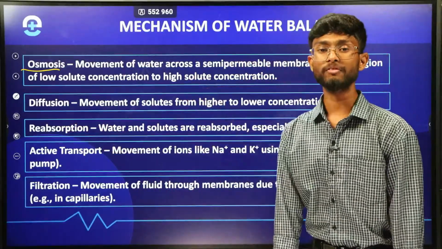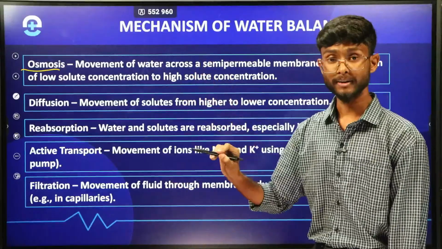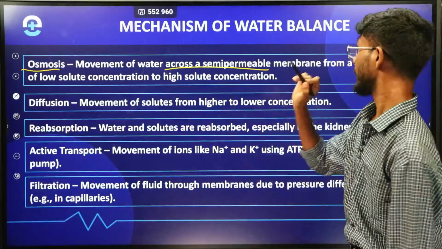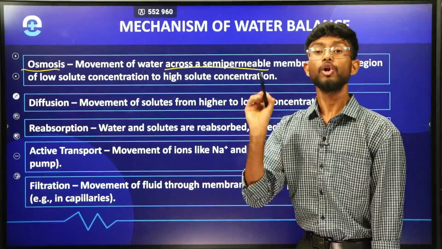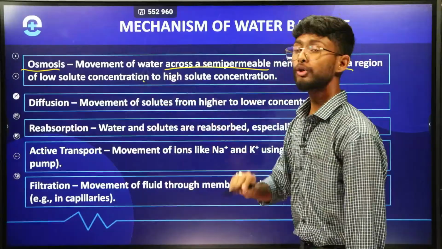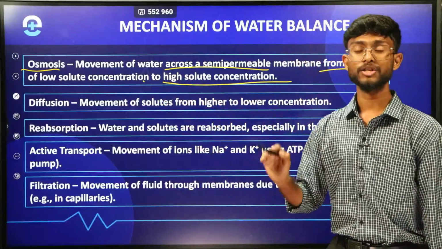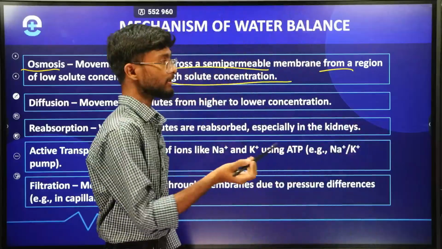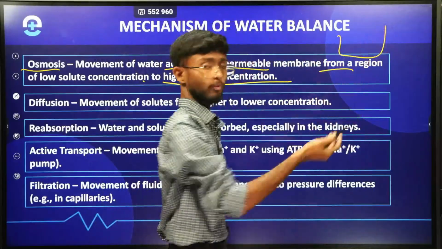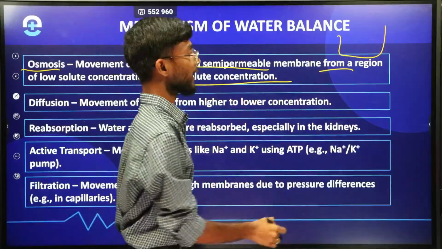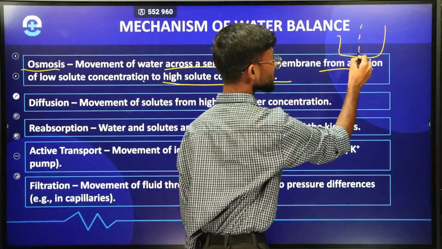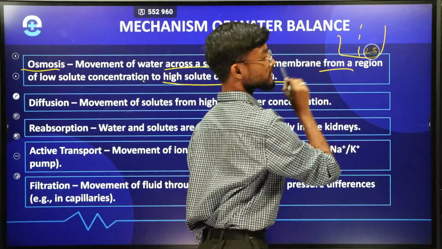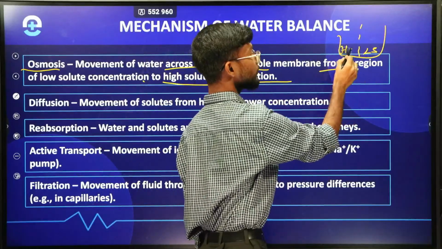We'll see the proper definition now. Movement of water across a semi-permeable membrane from a region of low solute concentration to high solute concentration is known as osmosis. For example, consider this is a tumbler or a vessel. Here there is a semi-permeable membrane, here low solute concentration, and here high solute concentration.